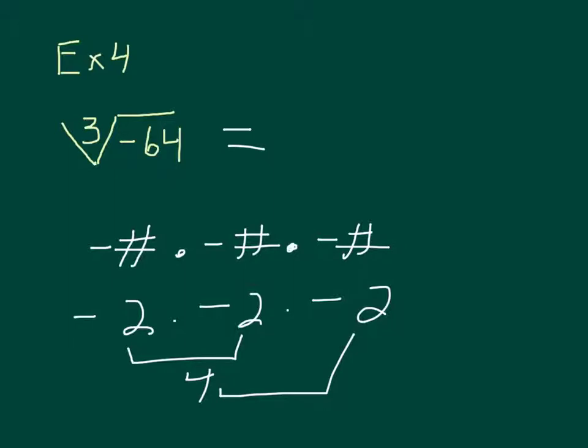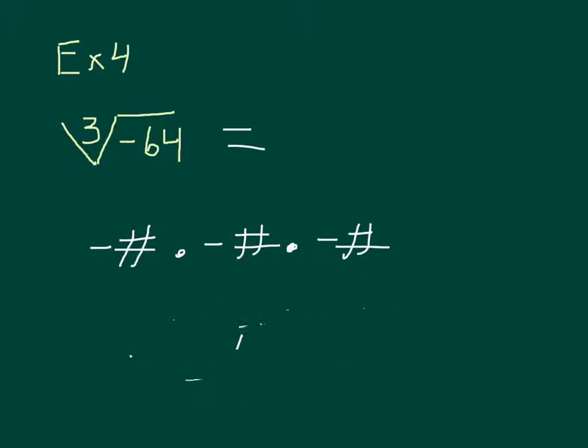So let's try a little bigger number. I'm going to erase this and let's try a negative 3. Maybe that'll work, or maybe I even have to go higher on that. So I'm going to try a negative 3 times a negative 3 times a negative 3. A negative 3 times a negative 3 is 9, and 9 times a negative 3 is a negative 27. So it's still too low.